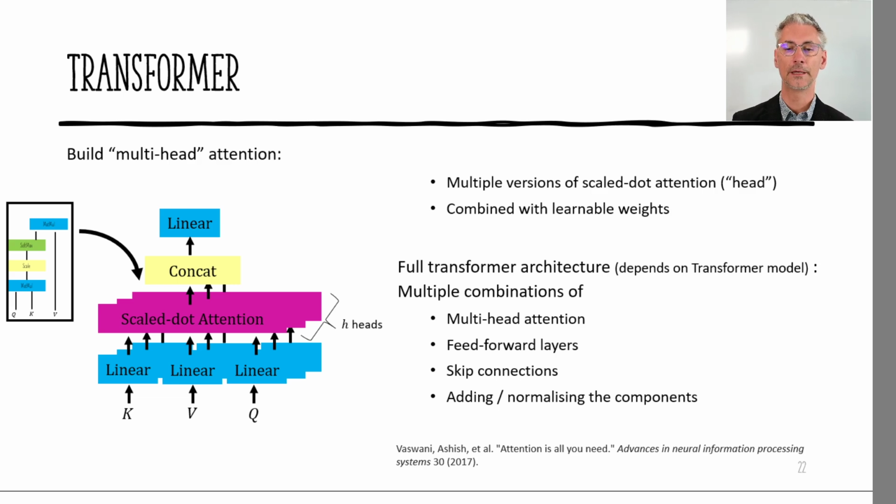So you have K, V and Q, put this into a linear layer, and then you have the scaled dot attention mechanism in multiple variations. In the end, you need to bring all of that together and, for example, have a linear layer for classification again. And then the name of the game is to build a transformer-based architecture that is particularly suitable and efficient for a given application task.